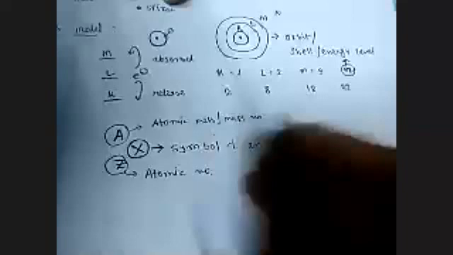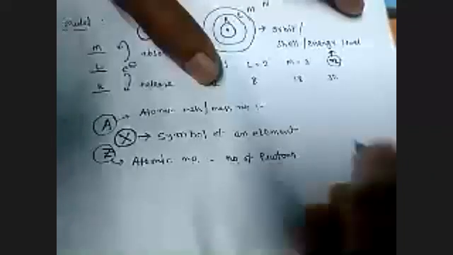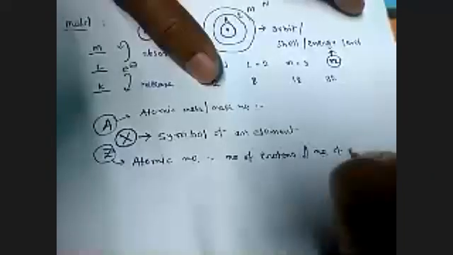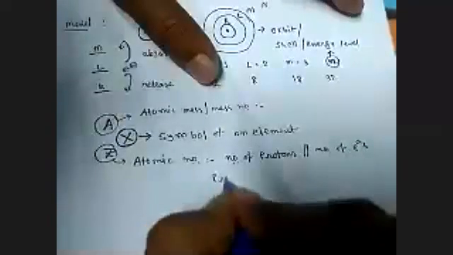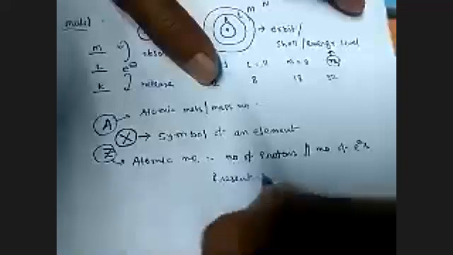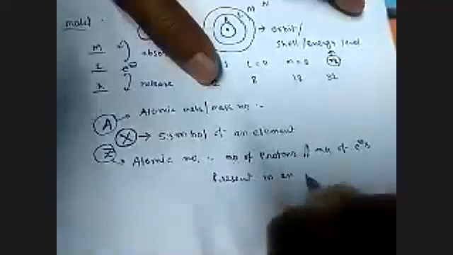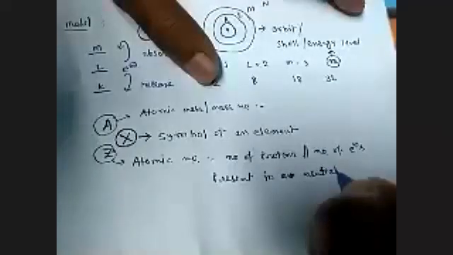So what is atomic number? Atomic number means the number of protons or the number of electrons present in a neutral atom.